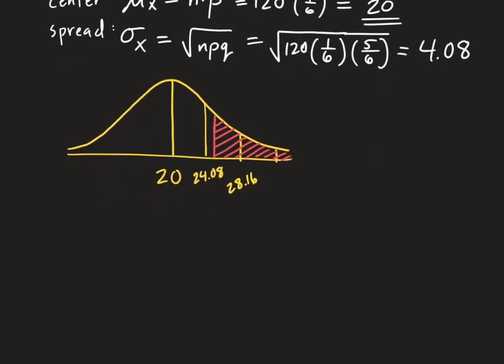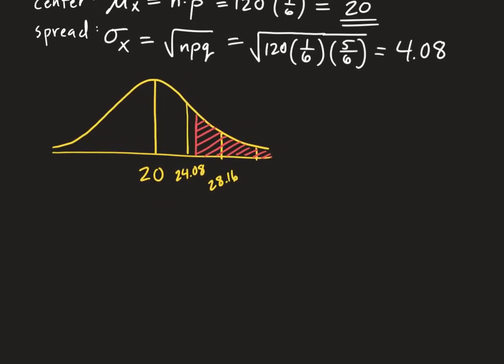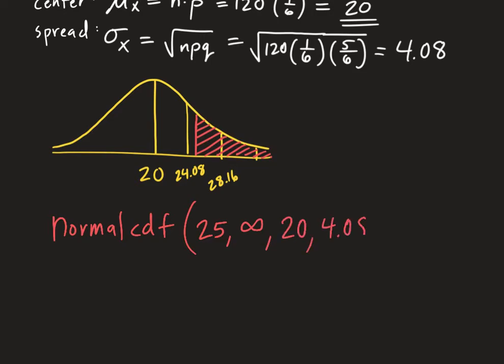Now we're back to our current topic, which is normal CDF, basically. So on this normal curve, which is centered at 20, what's the probability that I go from 25 to infinity on a curve centered at 20 with a standard deviation of 4.08?